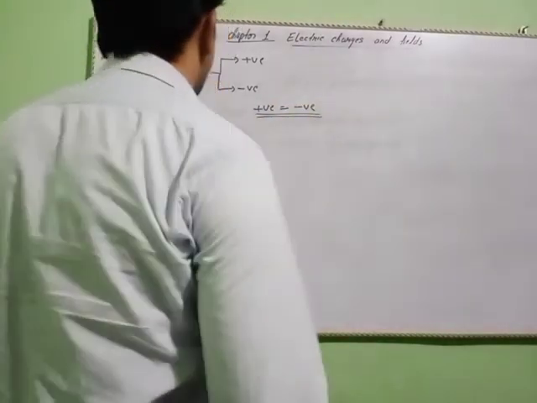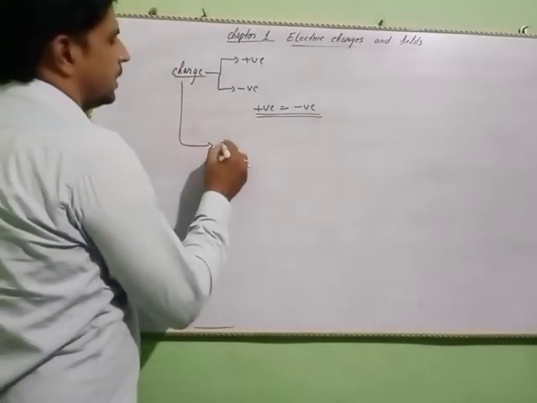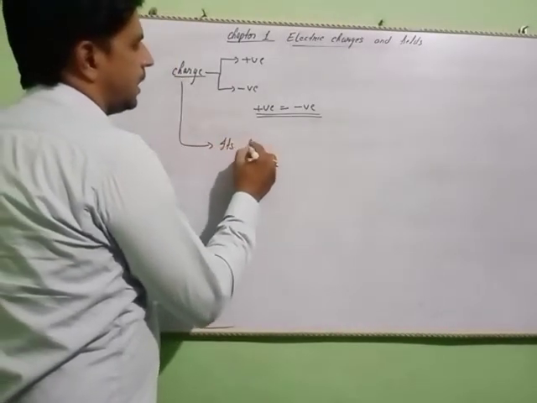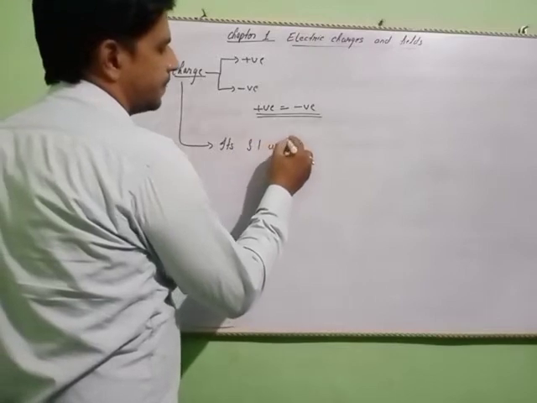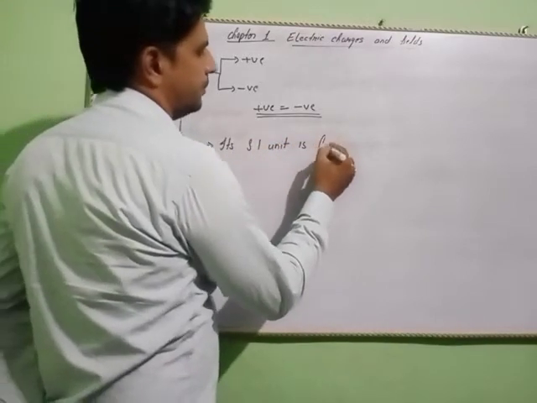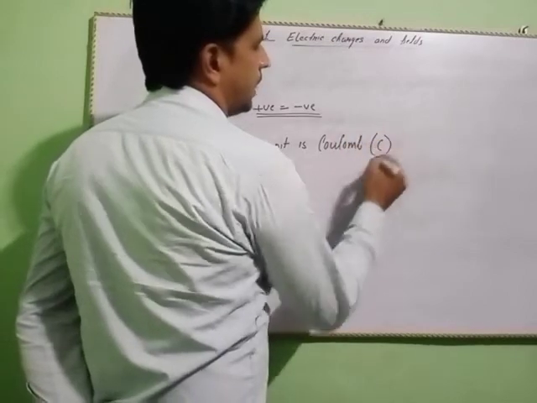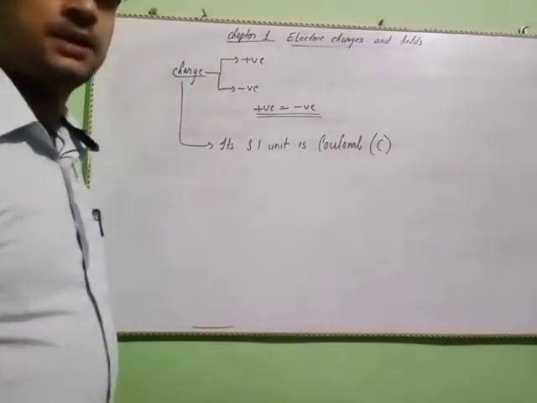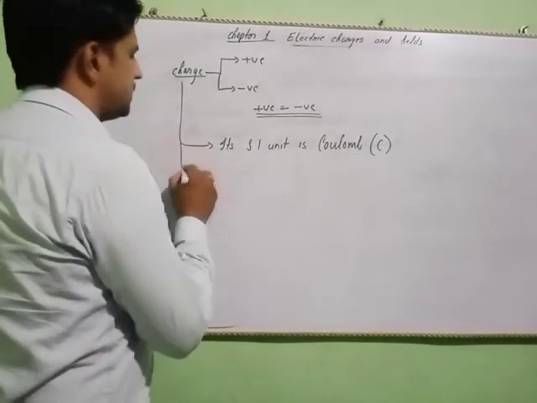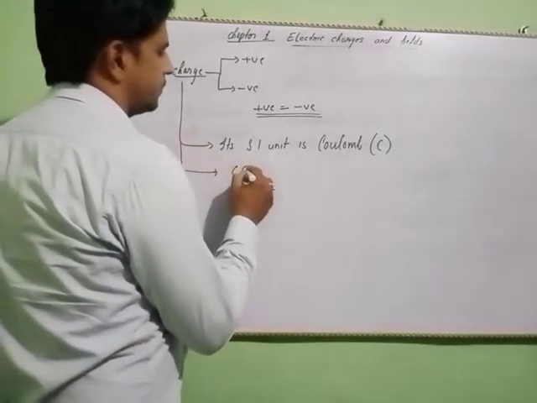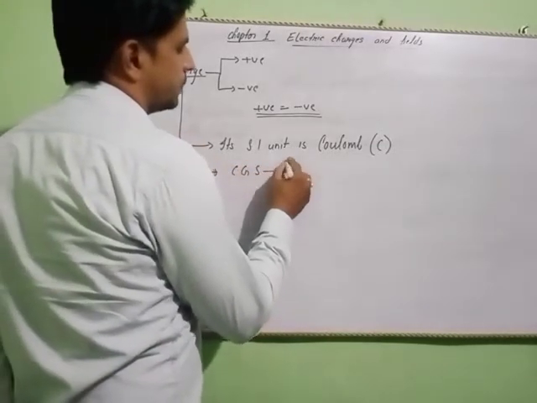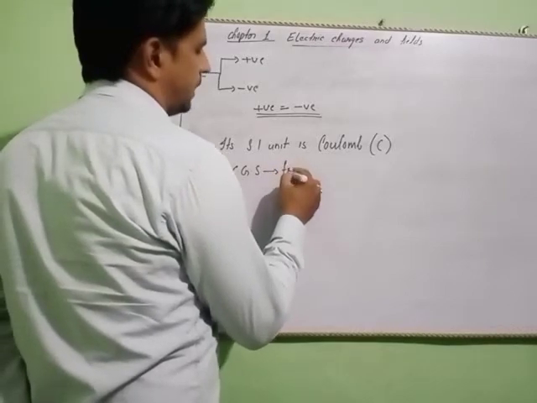Charge: its SI unit is coulomb, and we denote it by capital C. Its CGS unit is Franklin.